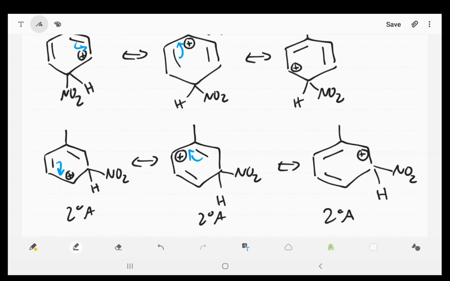That's going to stabilize it, right? Tertiary allylic is more stable than secondary. So that's the reason that ortho and para are preferred when we have what's called an activating group on. So I'm going to just turn it sideways so you can see here.